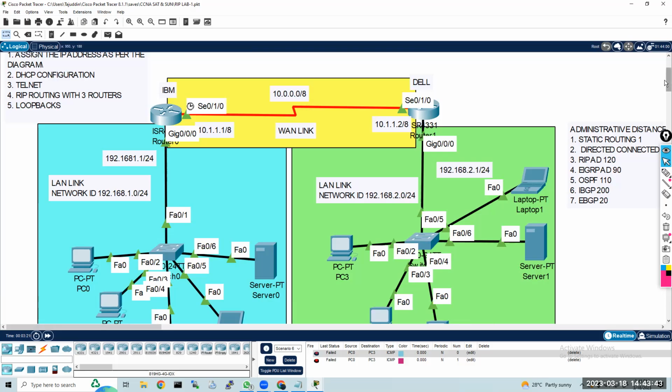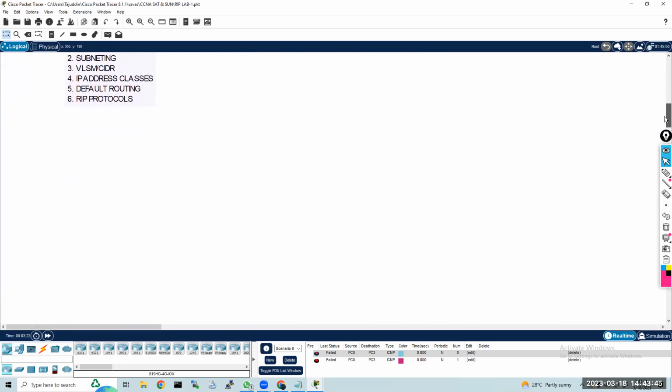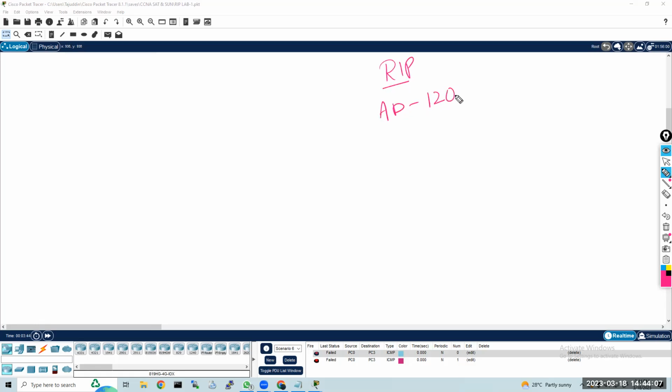Before I start RIP, guys, please tell me how RIP is going to work. What is RIP? Routing Information Protocol. What is the AD value? Last week I told you, do you remember? For RIP, the AD value is 120.